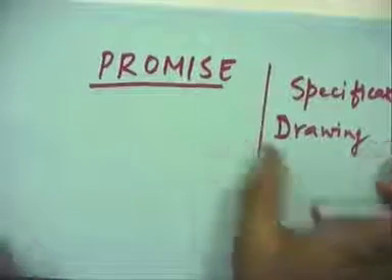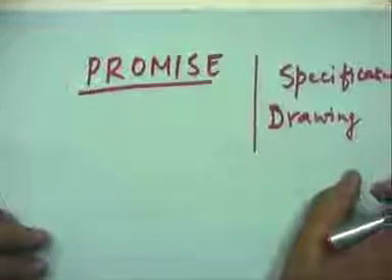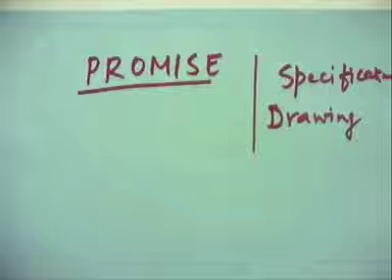These documents specify what kind of product you should make, what material should be used, and what kind of process needs to be used. If you are delivering those things exactly as per the promise you had made, that means you are doing a quality product. Is it clear to you?